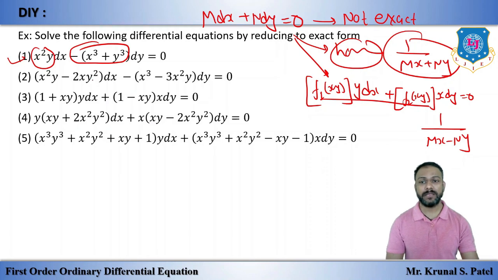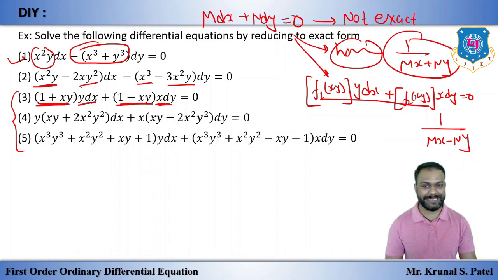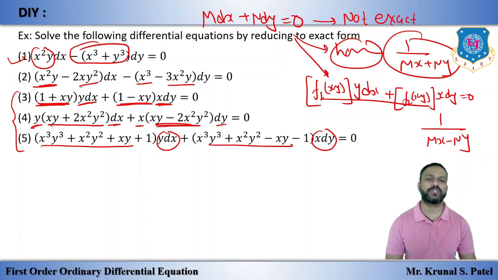Now this is also homogeneous, I must say, because degree 3, degree 3, and these three are of method 2. That means function of xy, as I told, y dx, function of xy, x dy, and y dx must be outside of this bracket. Function of xy, function of xy.